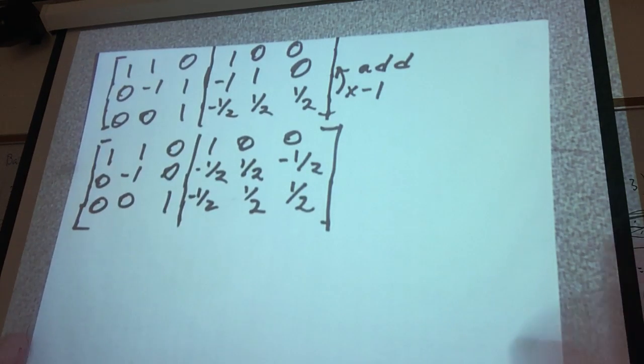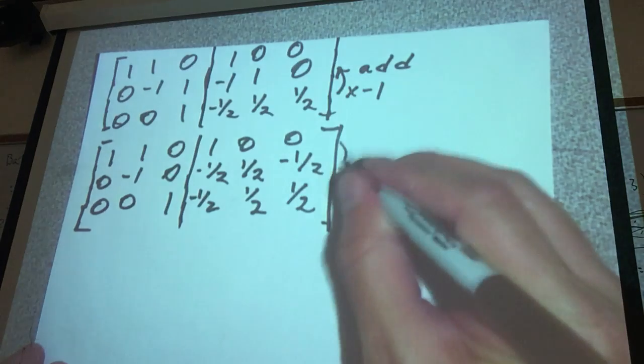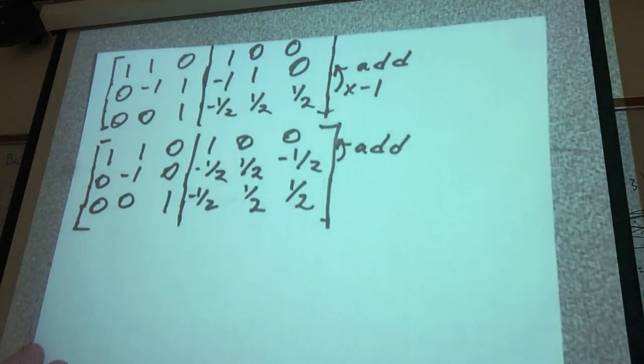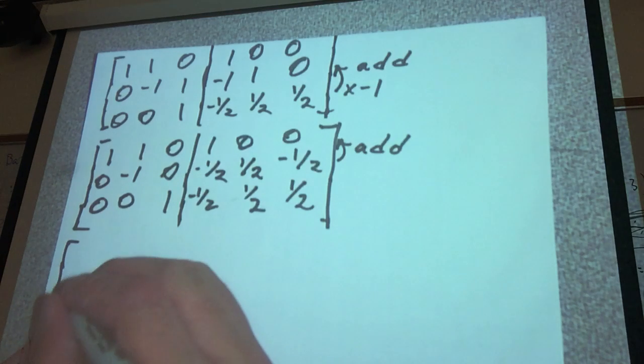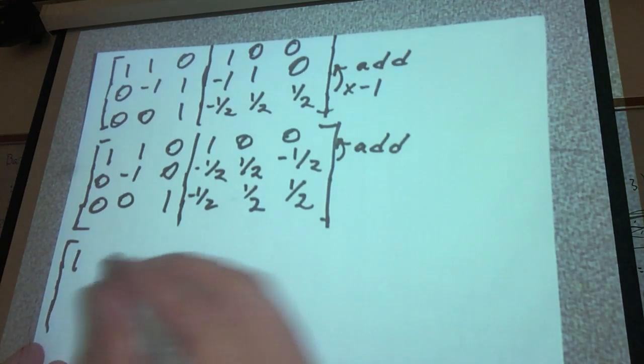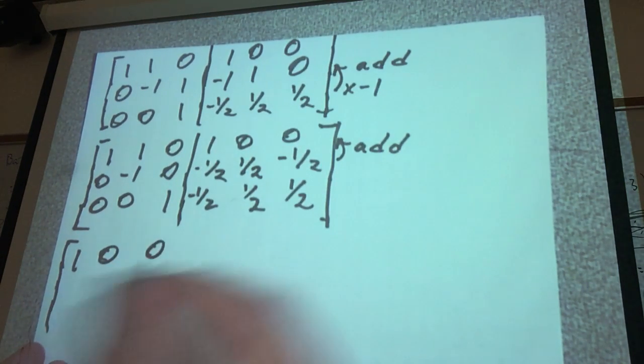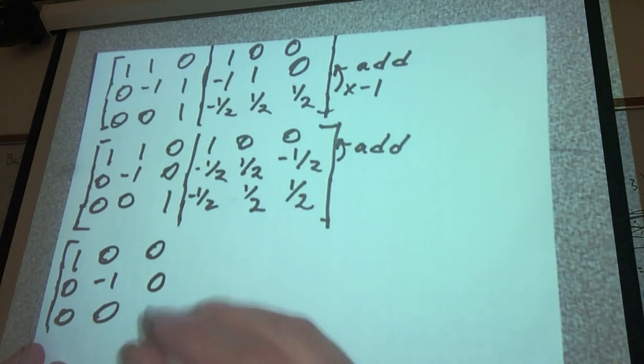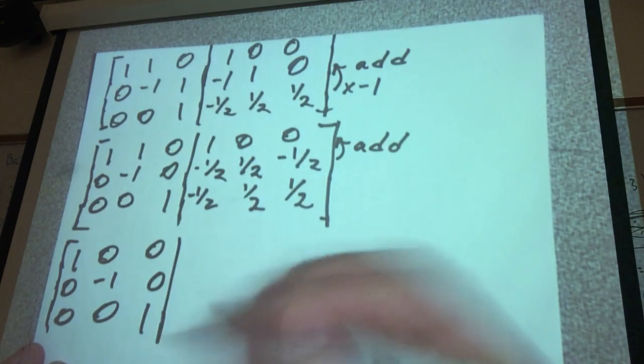So let's just do that. Let's take this row and add it to the row above it. And so that's going to become 1, 0, 0, 0, -1, 0, 0, 0, 1. Let's augment this.